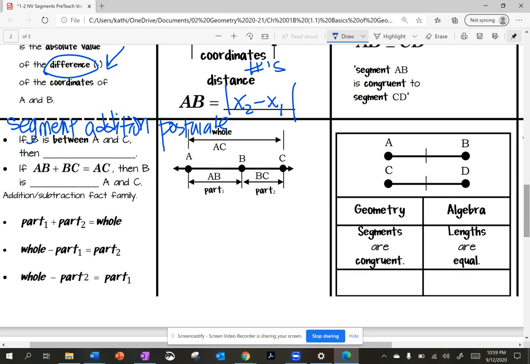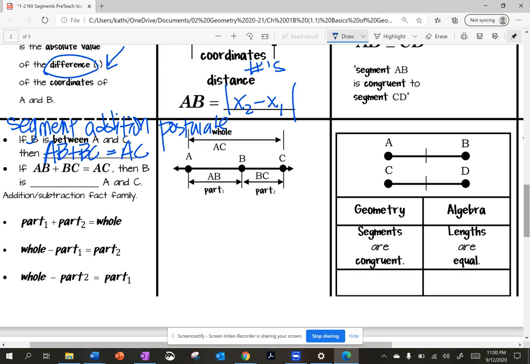So this says if I have a point B that is between points A and C, then the distance from A to B plus the distance from B to C equals the distance from A to C. Now, when I'm talking about distance, I don't have a symbol that goes on top.